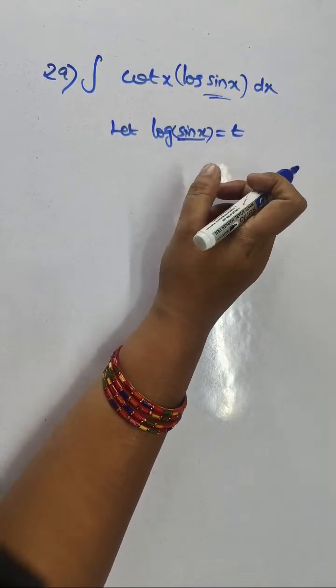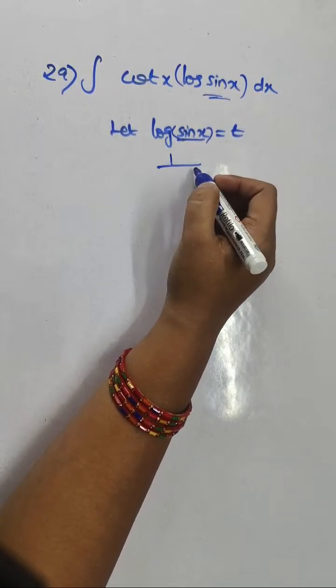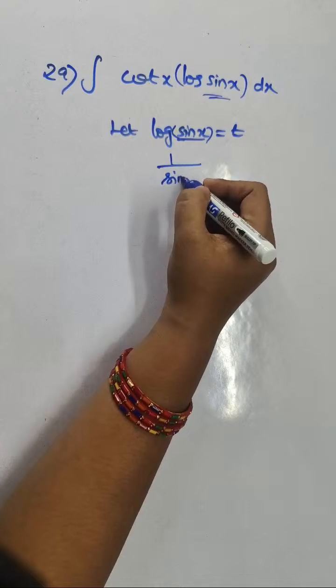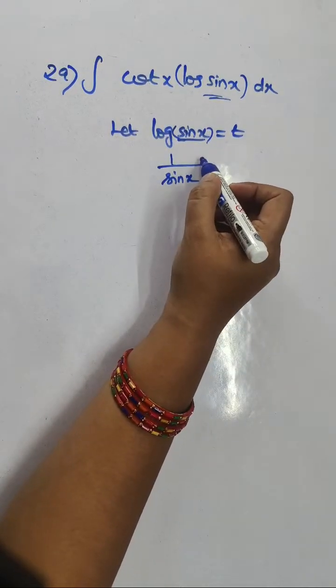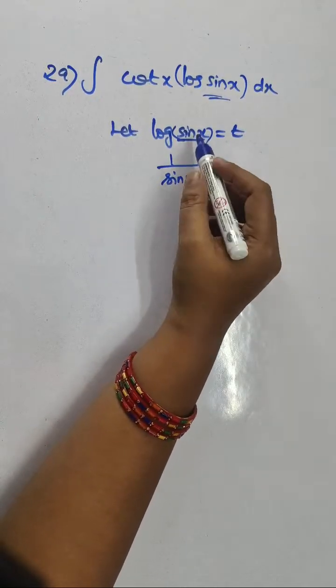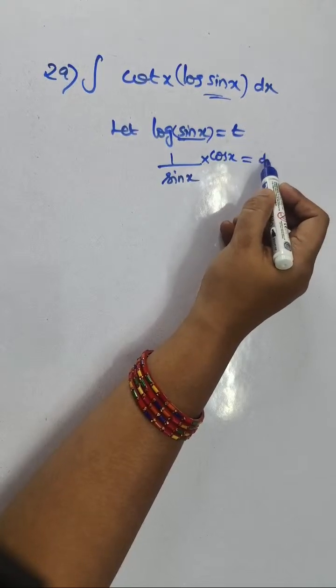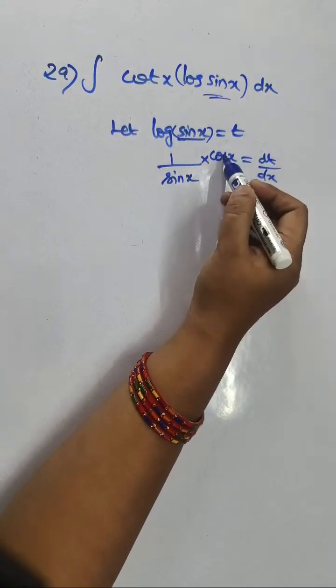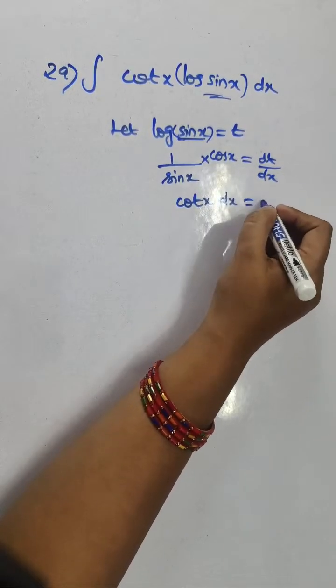Just take this as x. If it is log x, when you differentiate, what you get? 1 by x. Instead of 1 by x, you write it as sin x. The chain rule, I guess, you would have practiced in chapter 5. Into differentiation of the argument, that is cos x, equal to dt by dx. And we know cos x by sin x is cot x. Take dx to the left side.